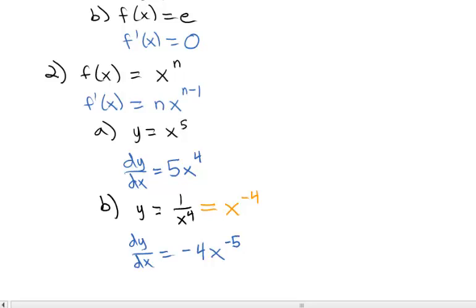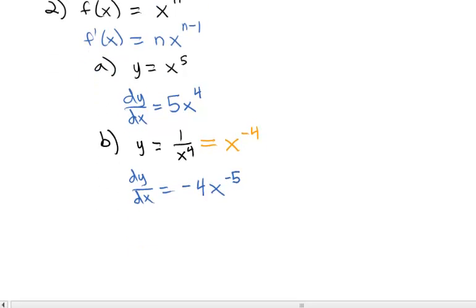We can even do it with fractional exponents. Let's say we have y is equal to the cube root of x squared. Remember, radicals can be written as a fraction where the index is the denominator.